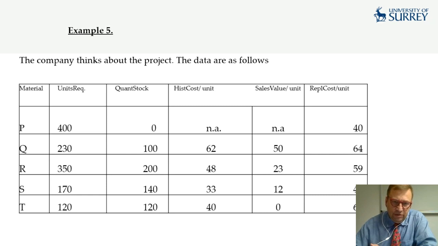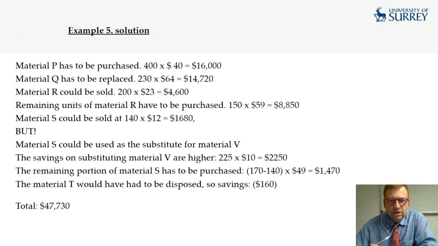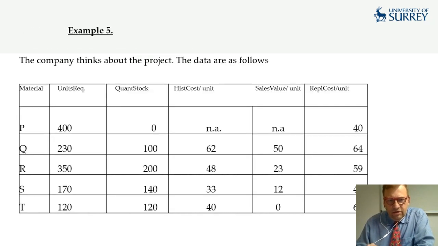We do not use the material, we could sell. So it's 200 multiplied by 23, which is 4,600. But as we see, we are short of 150. In fact, 350 minus 200 is 150.